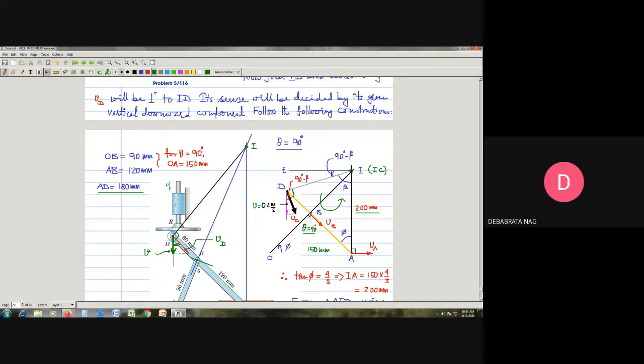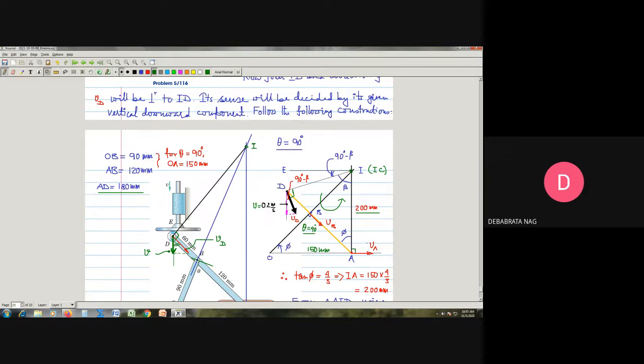Quite naturally, the velocity of point A will be towards the right, because it needs to be consistent with this angular velocity of the body. I need to calculate this distance IA, which is already known to be 200 millimeter. So the velocity of point A will be equal to the velocity of point D that we have just found, divided by the distance ID, multiplied by the distance IA.